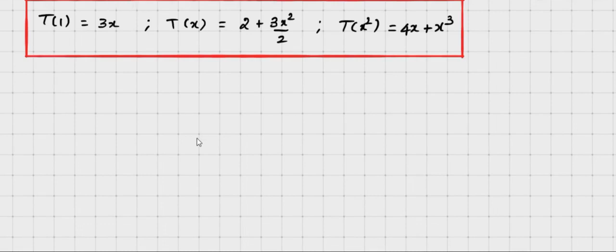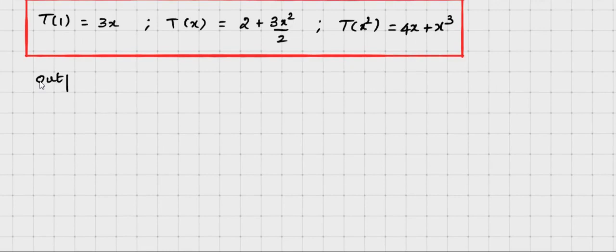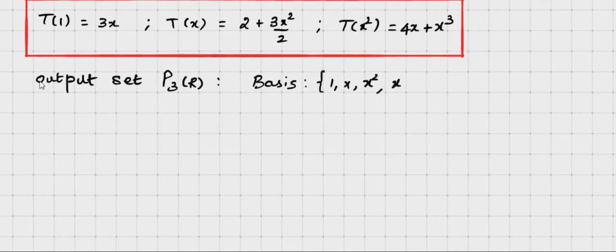We are writing like this. Here the output set is P3 of R. What is its basis? 1, x, x square, x cube. Now our aim is to write 3x as a linear combination of this, as well as 2 plus 3x square by 2, and as well as 4x plus x cube.